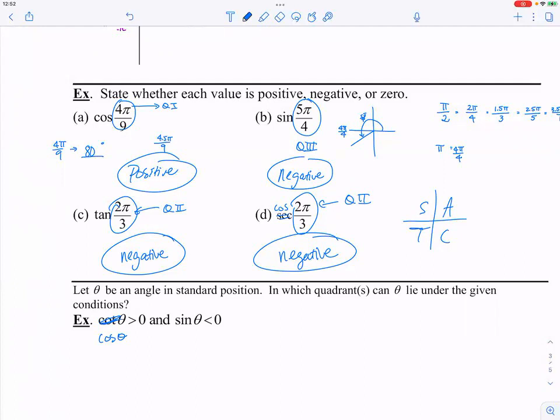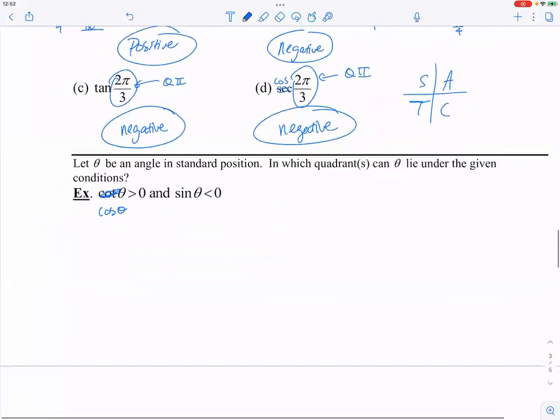Would it be quadrant 1? Why not? Yeah, in quadrant 1 everything would be positive, right? So that means we have only one option left to have cosine theta greater than 0. That must be in quadrant 4.